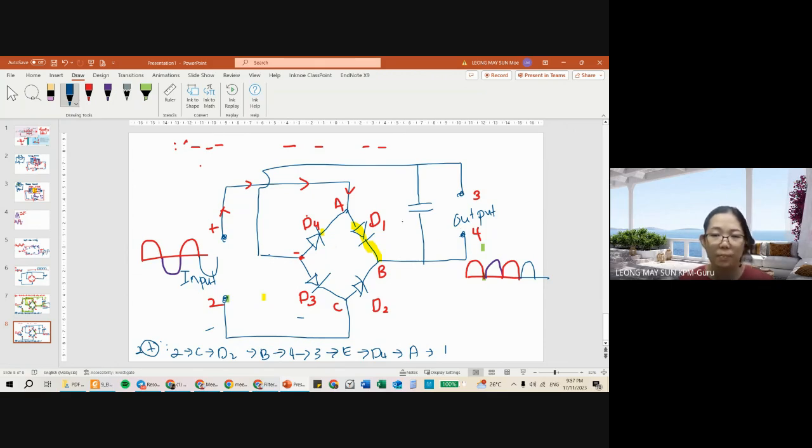When they put it parallel to the output, what happens is that when the power supply flows, it will charge the capacitor. It will actually charge the capacitor up, but a capacitor has positive and negative terminals. A capacitor is something similar to our power bank.